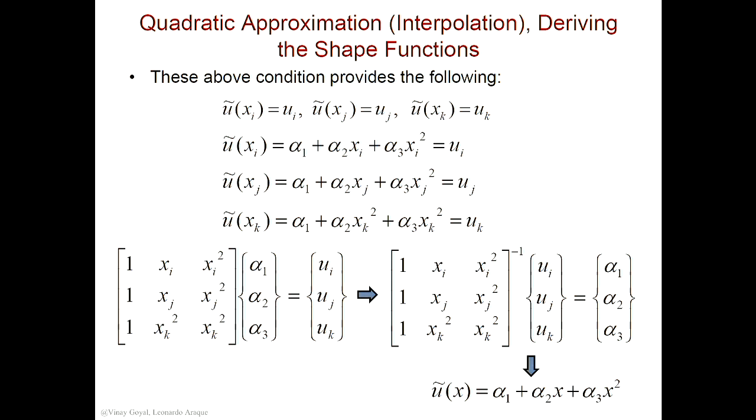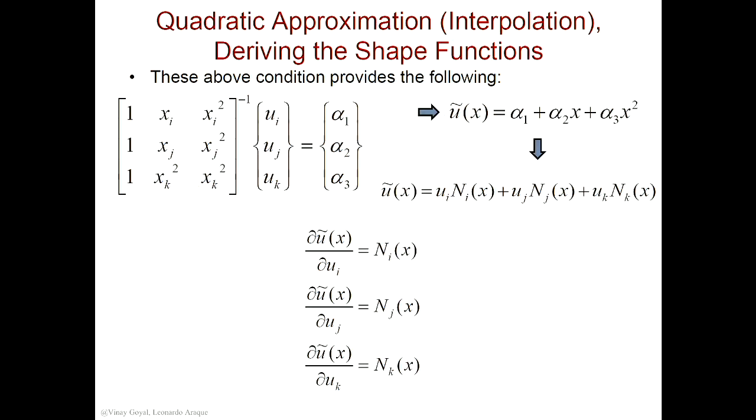Now, we can do that very succinctly. I take the inverse, I plug in alpha 1, alpha 2, alpha 3 here, okay? And then here, I will have what I really want: ui, whatever goes with that, plus uj, whatever goes with that, plus uk, whatever goes with that.